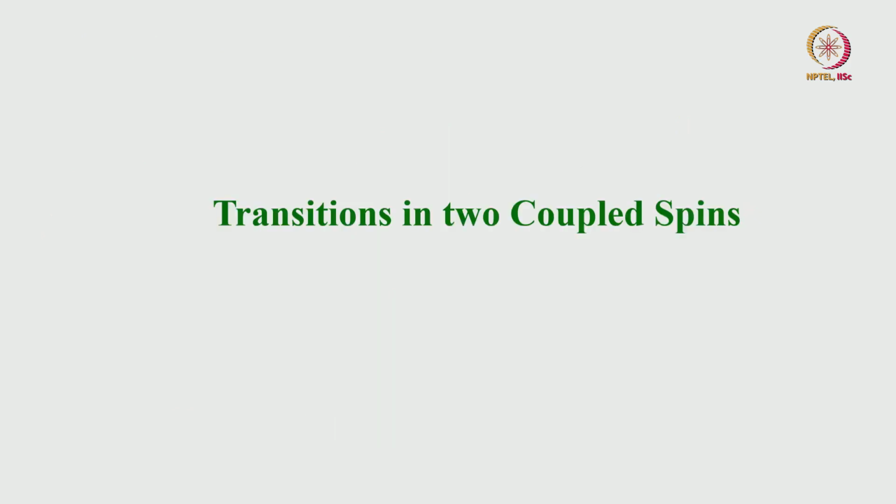So, now we will take the examples of transitions you see in the 2 coupled case. How do we get the transitions? How do we measure frequencies in the coupled case? This is the real analysis we have to start. Part of it we already discussed when I was explaining to you about the chemical shifts and J couplings between 2 spins.